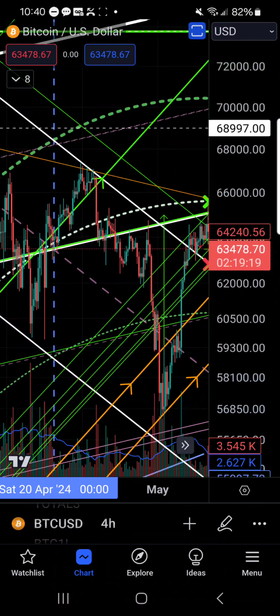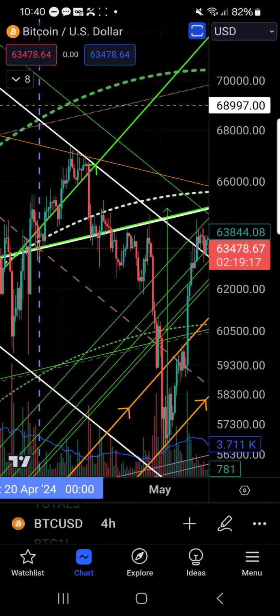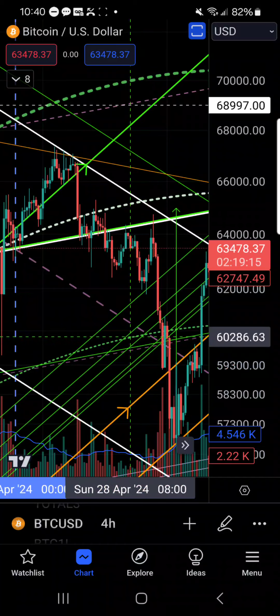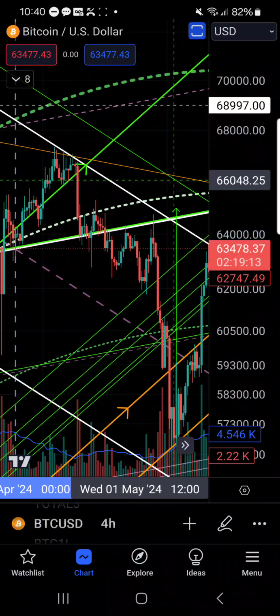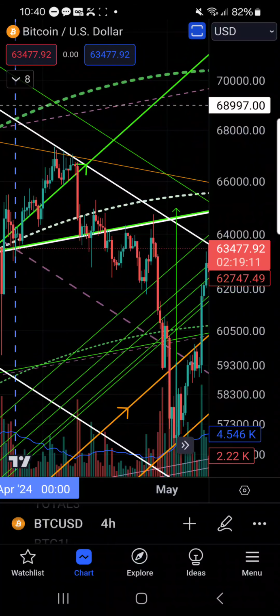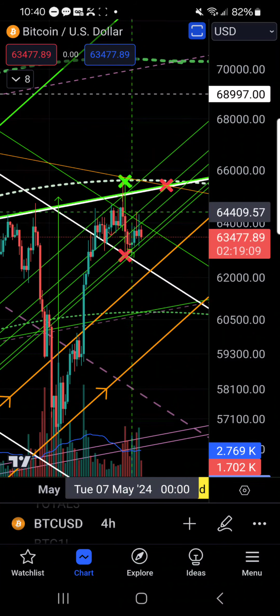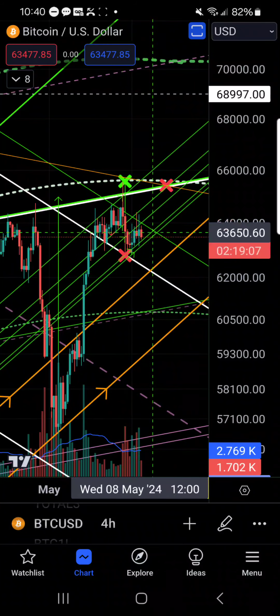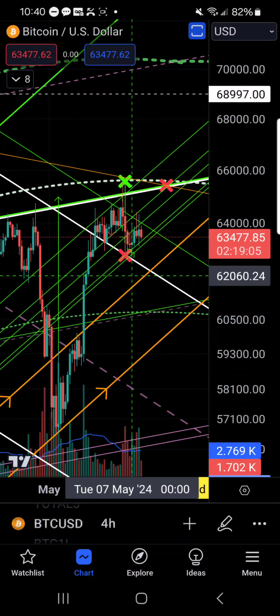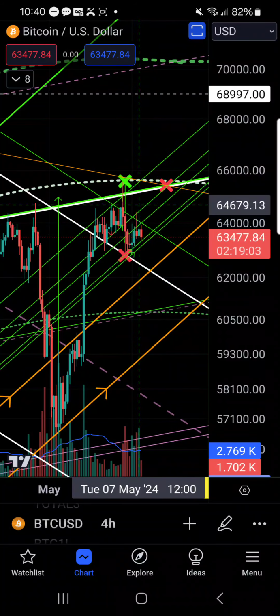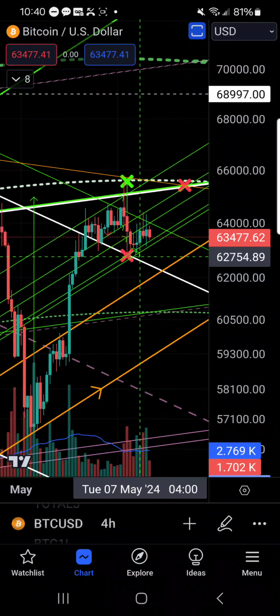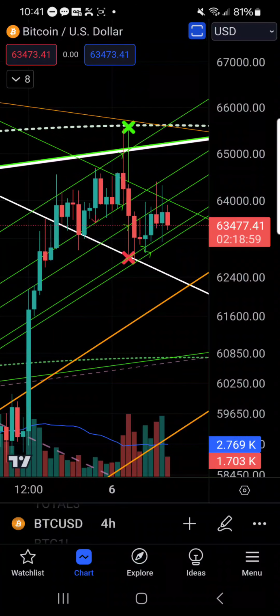Now, what's really, really funny is that I drew this group here of all these green lines defining the triangle formation that we are right here in a very small time frame, defining this triangle consolidation here.